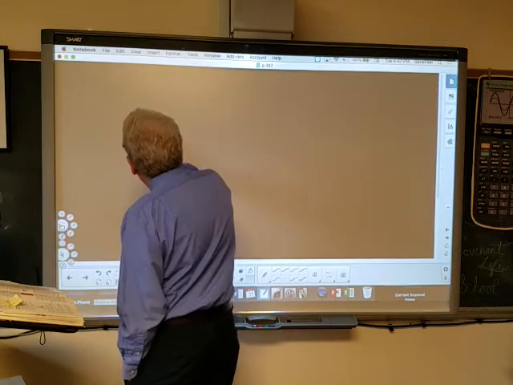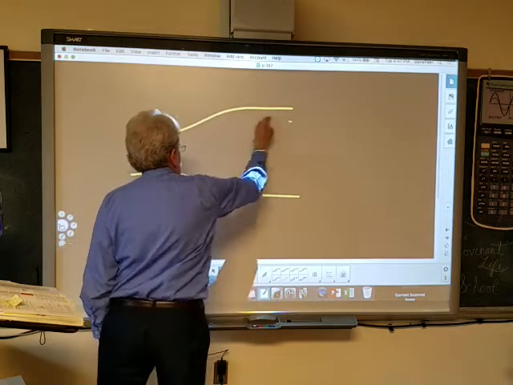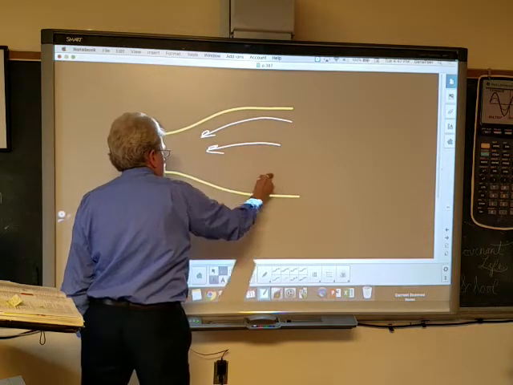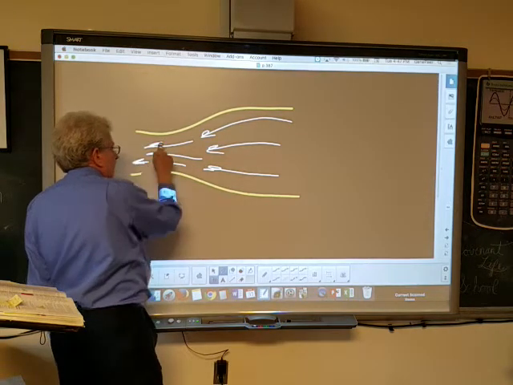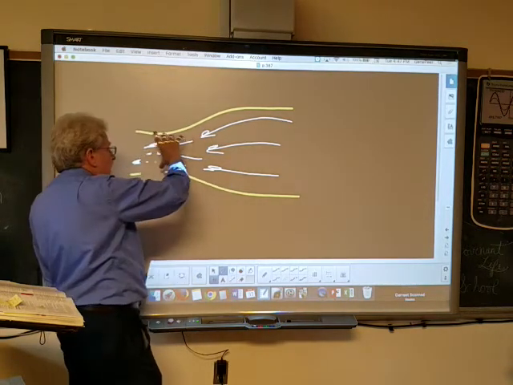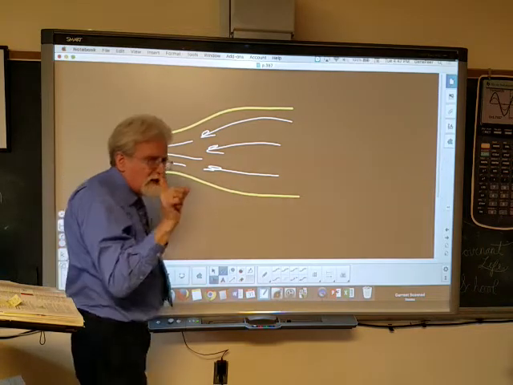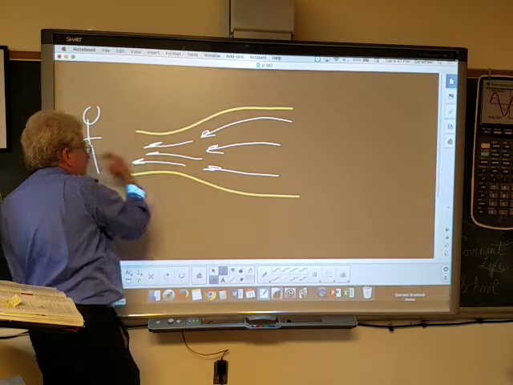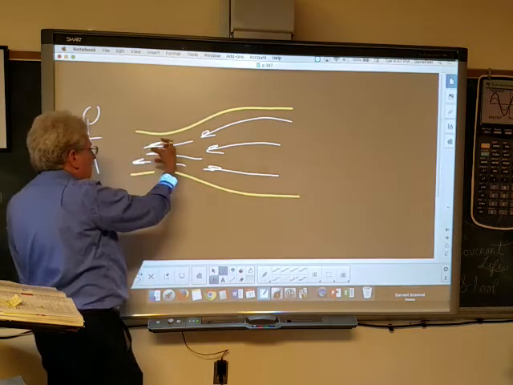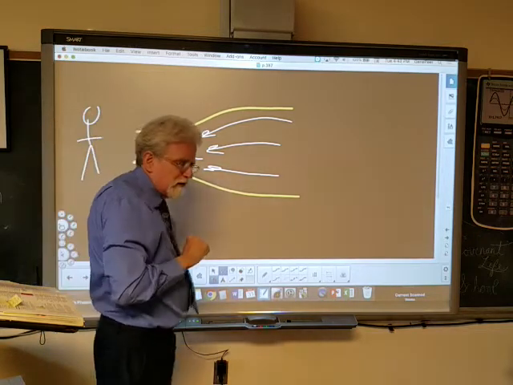The streamlines refer to these lines of the stream. The spacing between streamlines gets closer as you go into that constricted space, but the pressure actually gets lower. By the way, we're not talking about how hard it hits you when it comes out of the hose. We're talking about the pressure inside the liquid being less.